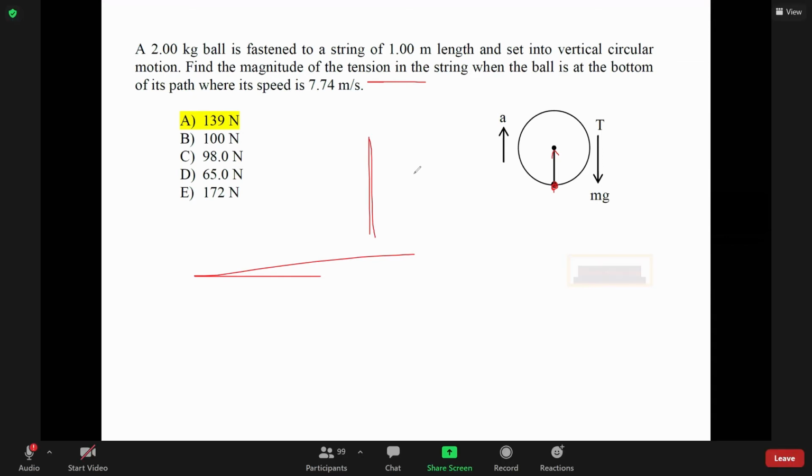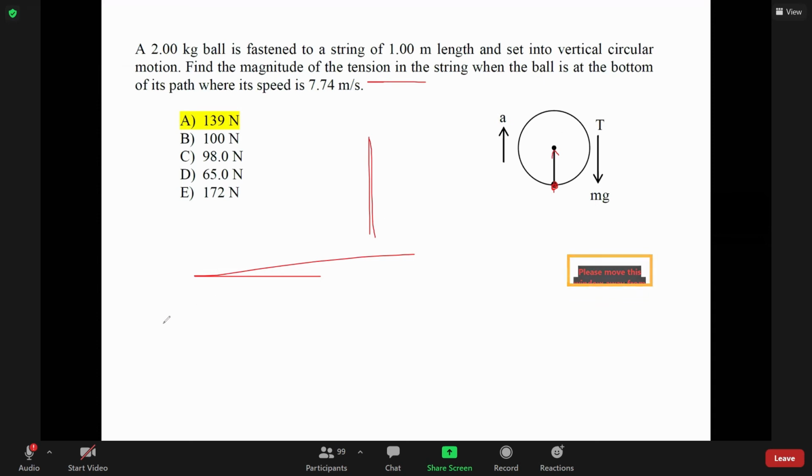There is no surface. The mass is attached by a string and it's doing vertical circles in the air. So there is no normal force. It's not like the car on the valley, or on the top of the mountain or the hill. So the only two forces are tension up and mg down.